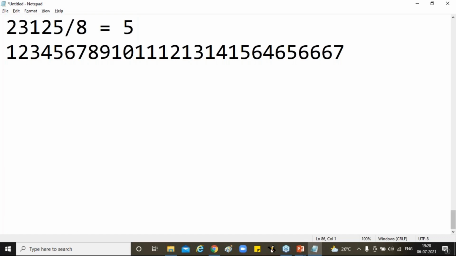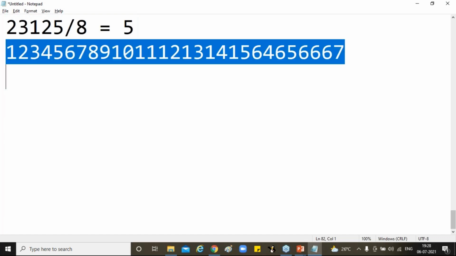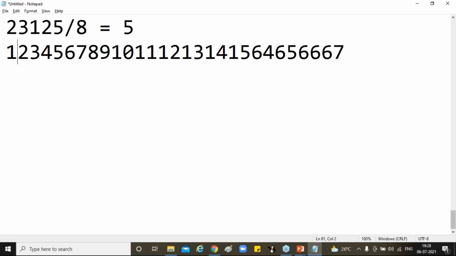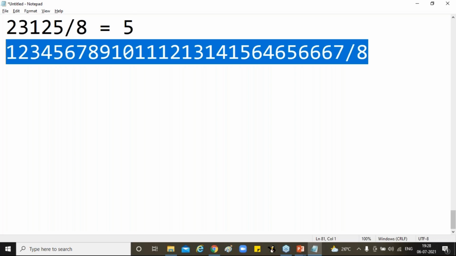In that digit number we don't know how many digits there are. If it is divided by 8, what is the remainder? This is a larger number, so we cannot divide it by 8 directly.